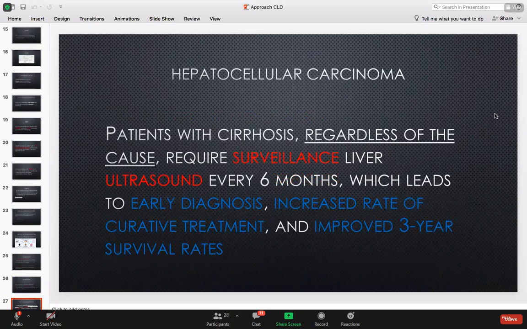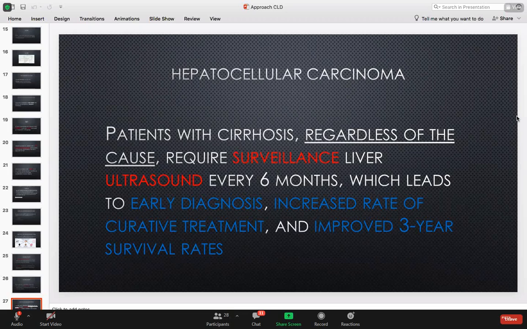So, last but not least is a word about hepatocellular carcinoma. Okay? Patients with cirrhosis, regardless of the cause, require surveillance with liver ultrasound every 6 months, which can lead to an early diagnosis, increase the rate of curative treatment, and improve the 3-year survival rate for hepatocellular carcinoma.